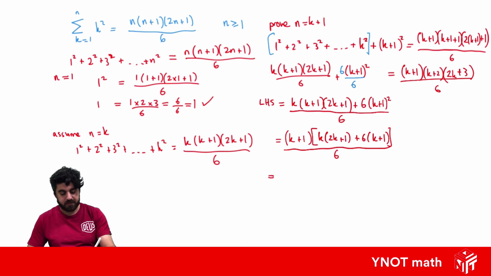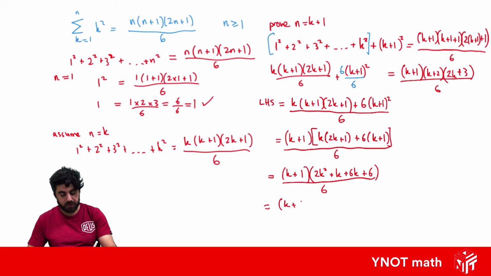Then let's expand this bracket on the inside. So we're going to get 2k squared plus k plus 6k plus 6 all over 6. Tidy this up.